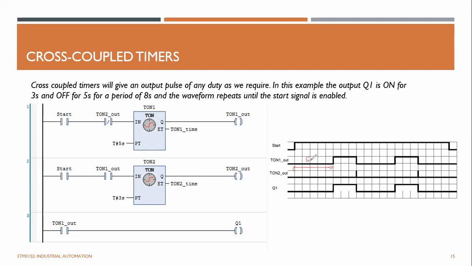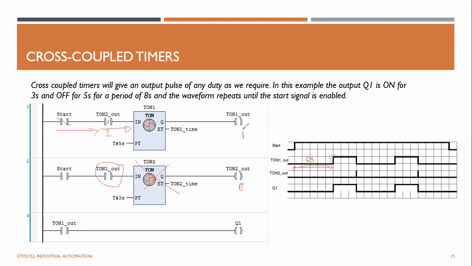Initially T on 1 is 0, which means this timer is off, which means this contact is 1. So when you press the start button and it is closed, the power comes here, and the T on 1 timer starts counting, and you can see after 5 seconds, T on 1 goes high, right?